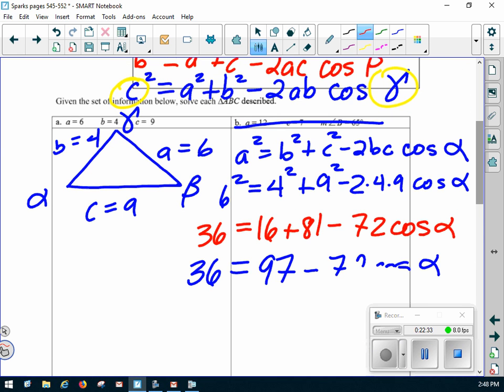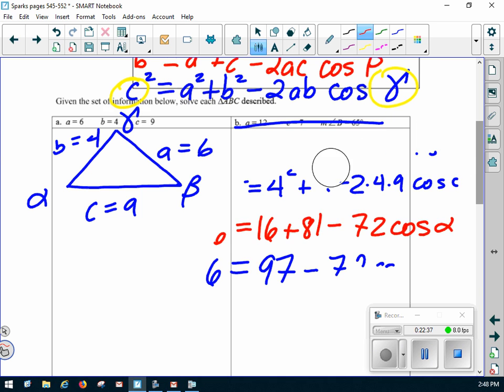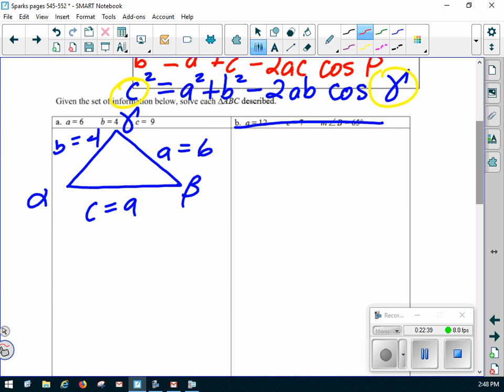Now I'm going to tell you something else that you're going to want to do, and you're going to be a little mad that you can't. I know angle alpha now, right? Now I use law of sines. No, I can't. It goes back to that dirty triangle thing. Once you start with law of cosines, you have to stay with law of cosines because you could get a wrong angle.